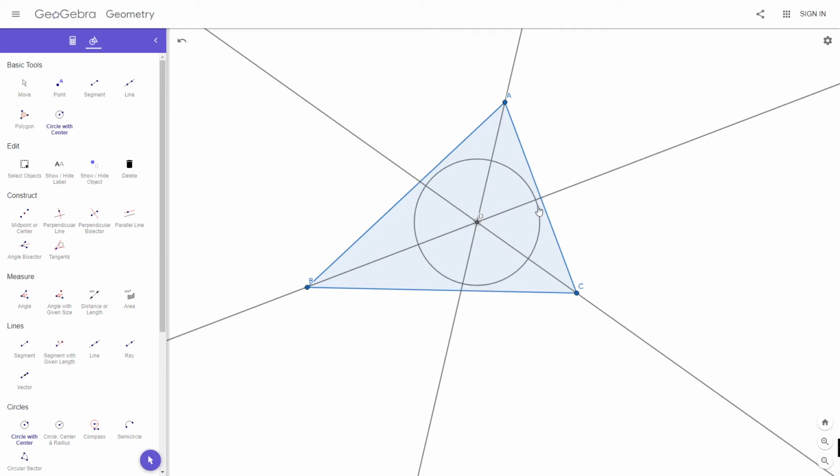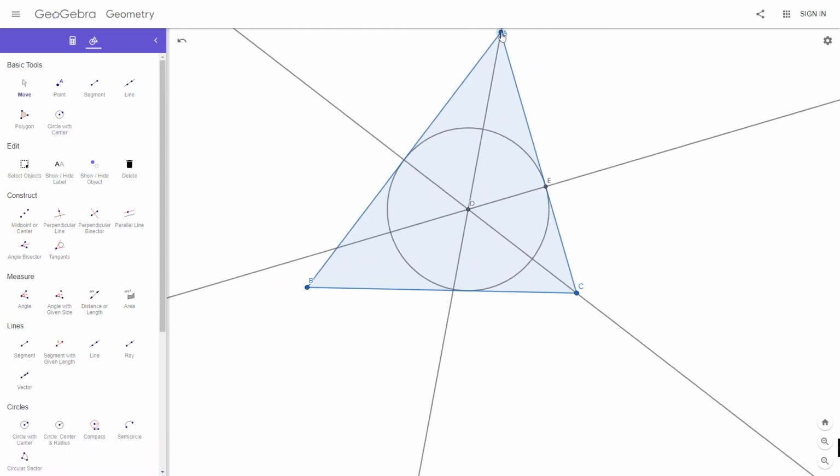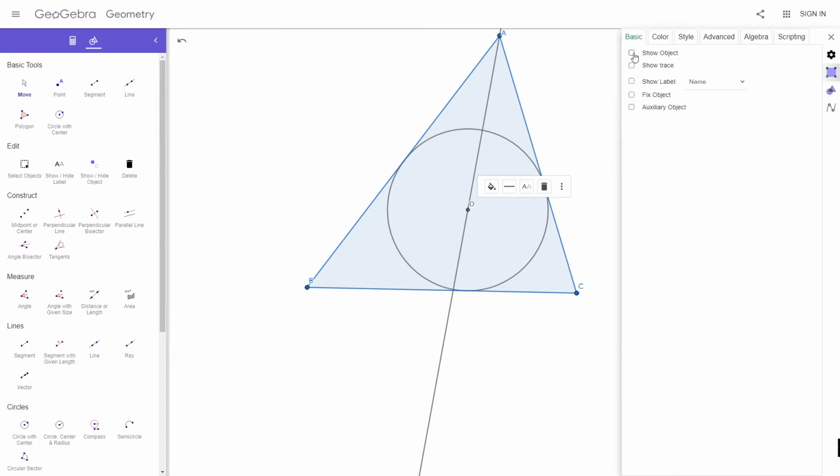Wait, what? I'm fairly sure that's the perpendicular, but have I just drawn this so it's really isosceles? Yes, it is. Let's draw it less isosceles. Okay, then we hide this.